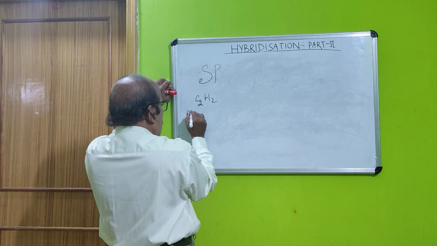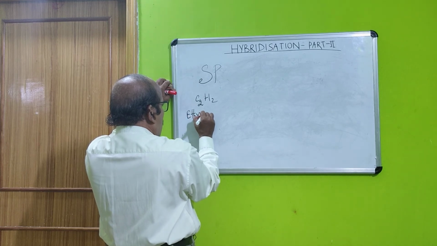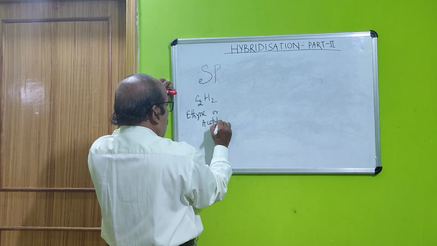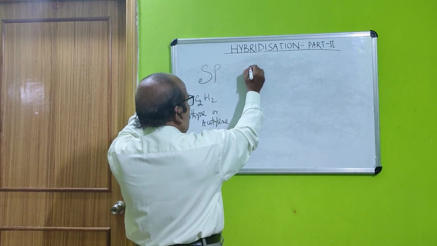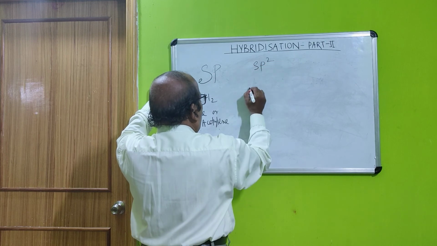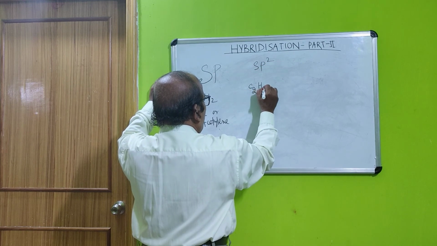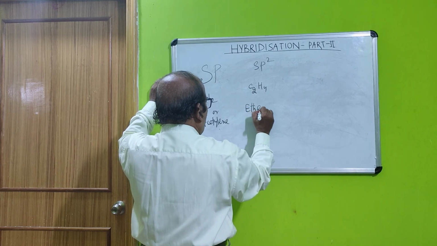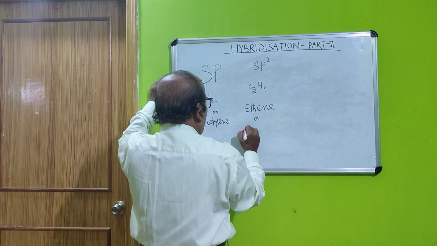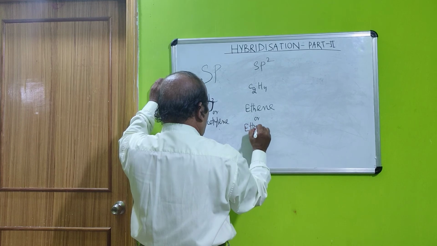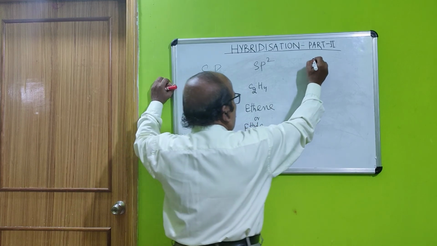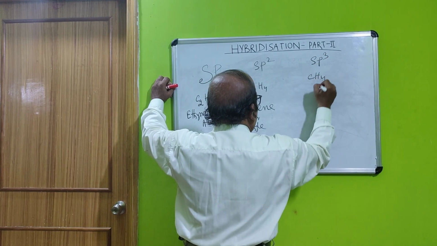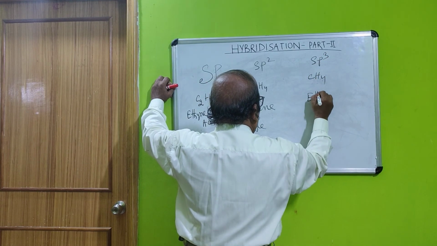It is ethyne or acetylene. For sp2, I shall tell you for C2H4, which is ethene or ethylene. For sp3, the example is CH4, methane.